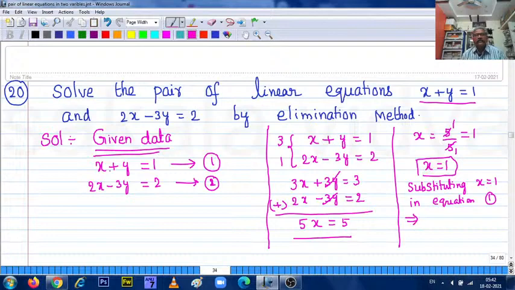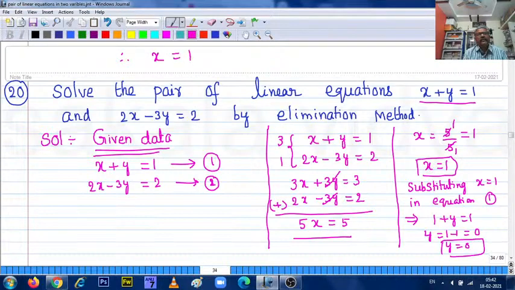In the place of x, substitute 1. 1 plus y equals 1. y equals 1 minus 1, 0. So therefore y is equal to 0. So x is equal to 1 and y equals 0. This is the solution.